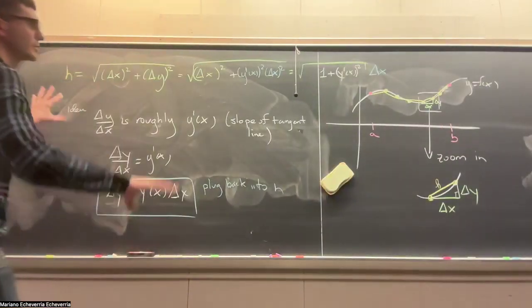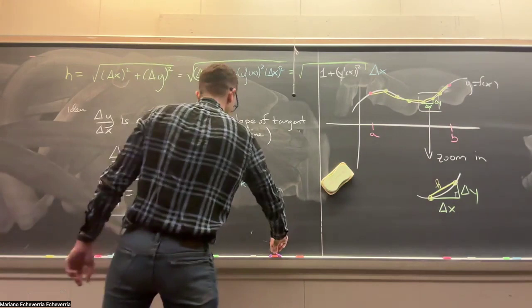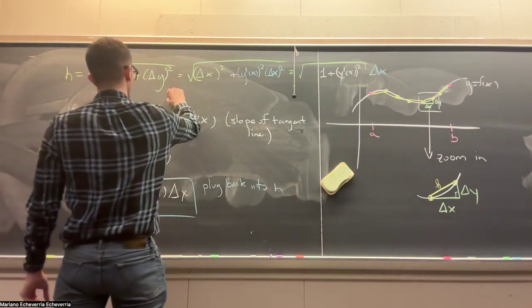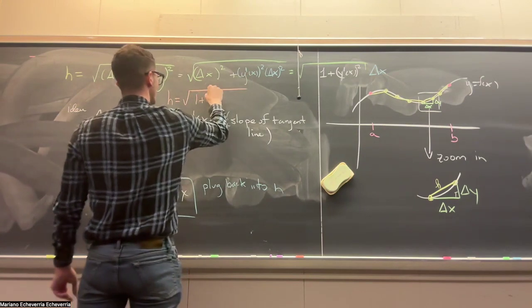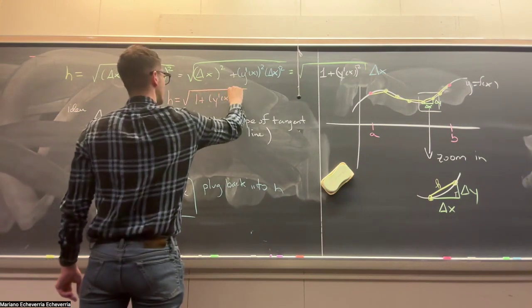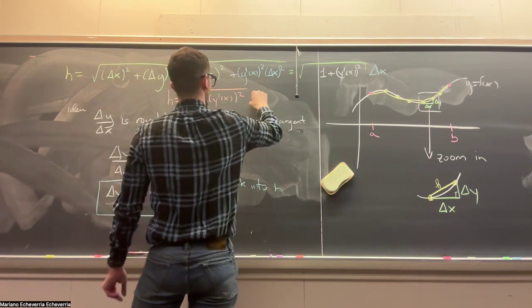So just to put the steps together, that means the length of the hypotenuse is roughly the square root of 1 plus y prime of x squared times delta x.